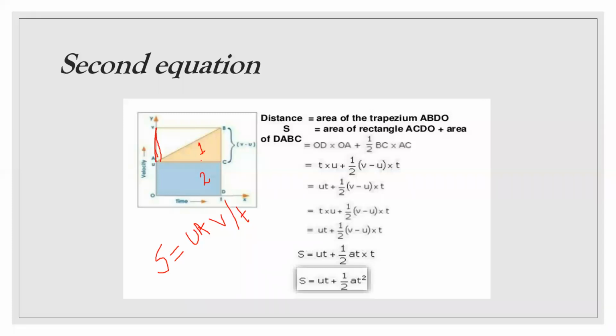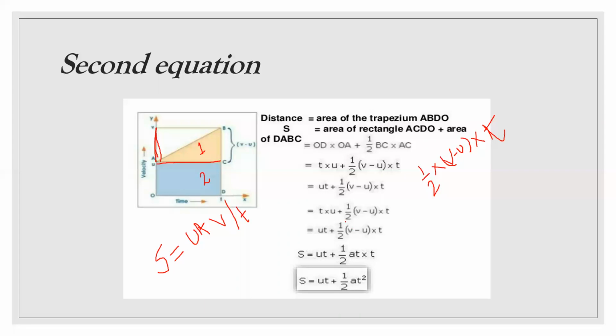So the triangle's area will be half into v minus u into the base. This base is equal to time. Yes, Nitanshi, very good. So time will be the base, that is t.